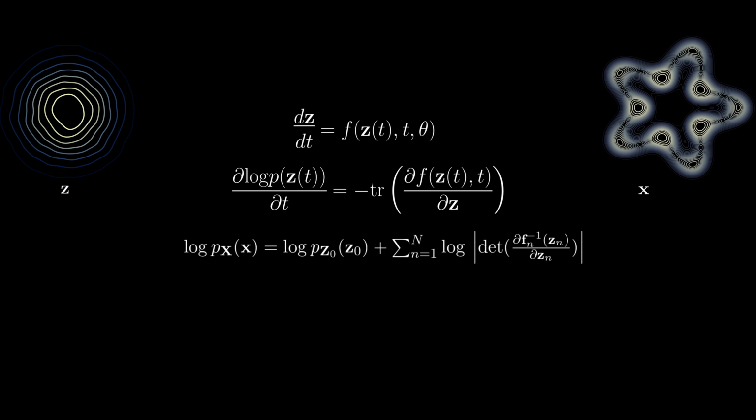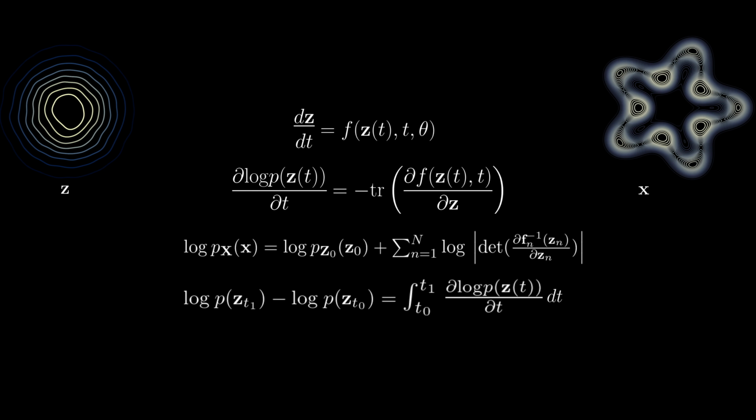Now using calculus, we can compute the change in log probability from t0 to t1 by integrating this rate of change of log probability over time. This is same as expressing change in xt from t0 to t1 by integrating dx by dt over time. Since the rate of change of log probability is negative of trace of Jacobian, we get this expression.